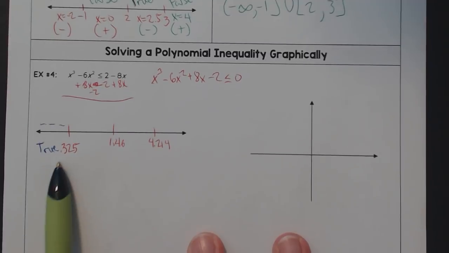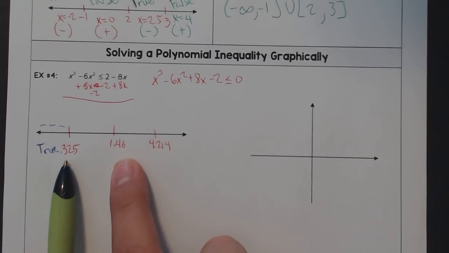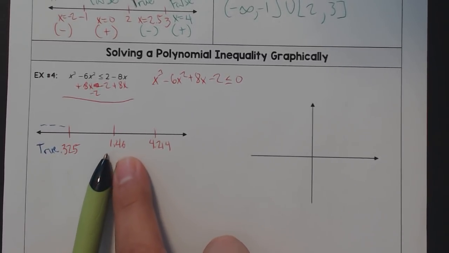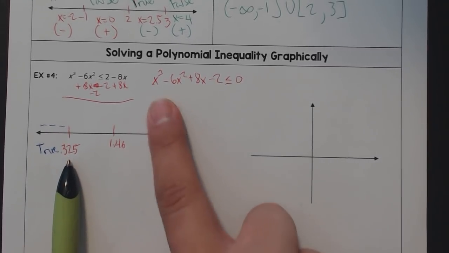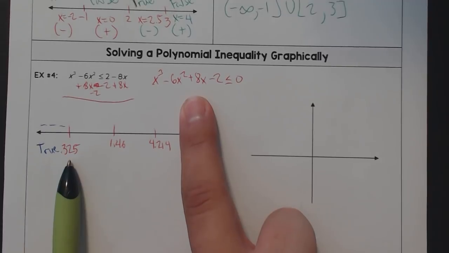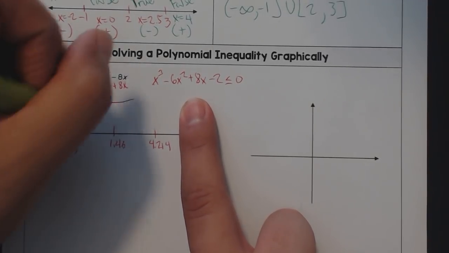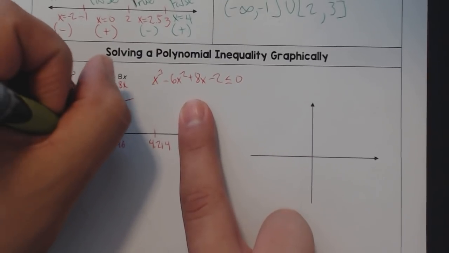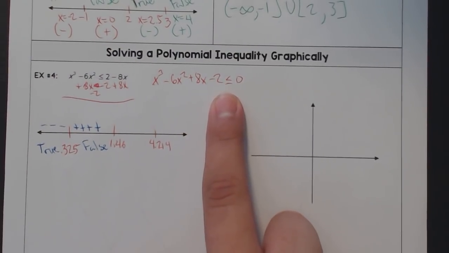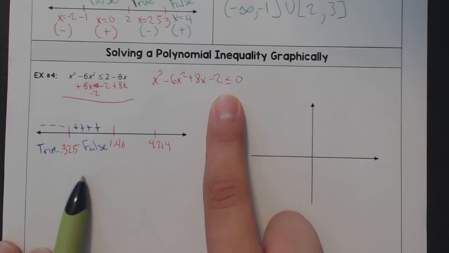Then I picked a value between 0.325 and 1.46. A nice number between those is just 1. If I plug in 1, I find out that I get positive values. This is a false statement because remember, we want less than or equal to 0.